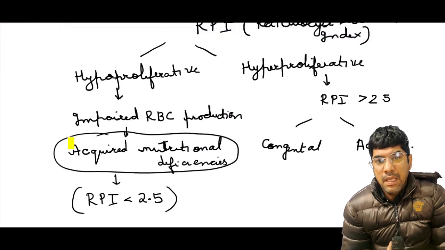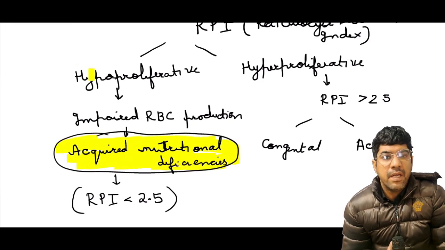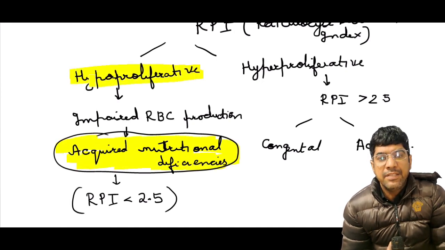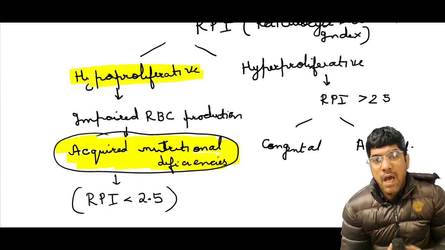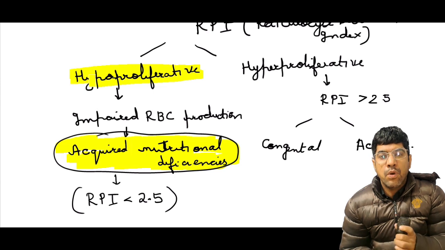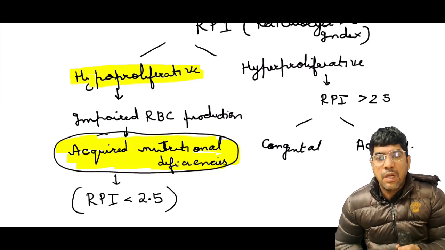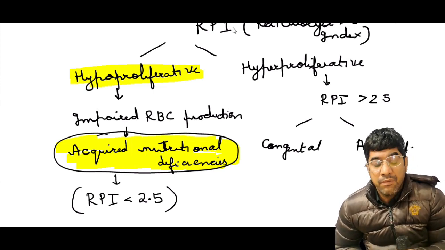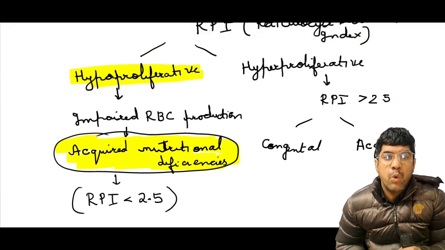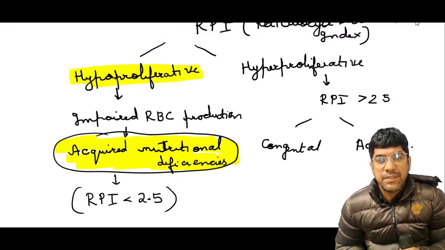In hemolytic anemia, the RPI is higher than 2.5. That indicates an increased production of reticulocytes in response to anemia. So the higher RPI indicates that the bone marrow is trying to compensate for the loss of red blood cells by producing more young red blood cells.